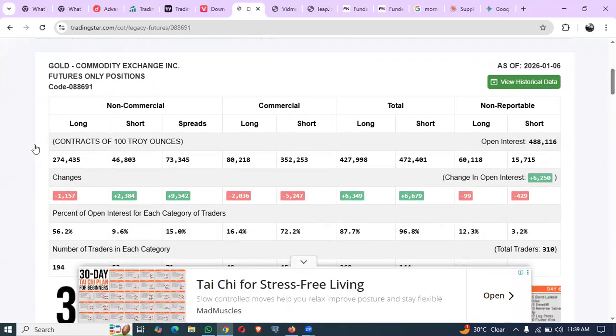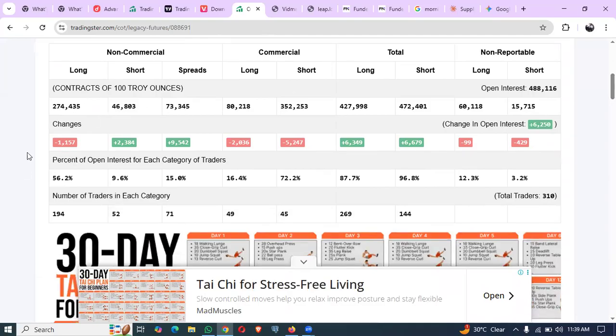We see gold now: 274,000 contracts to the long, then short 46K. Last week they added 2,003 to the short side, then they removed 1,000. Even though this one can move the market a little, see what they have done. The difference is clear. So gold is long-term bullish.